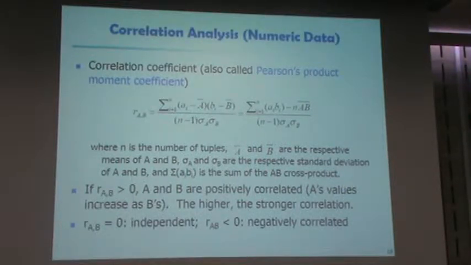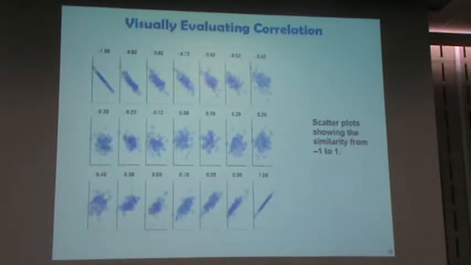So that is another correlation in analytics. This is a visual result. This is negative, this is positive, and this one is not related.